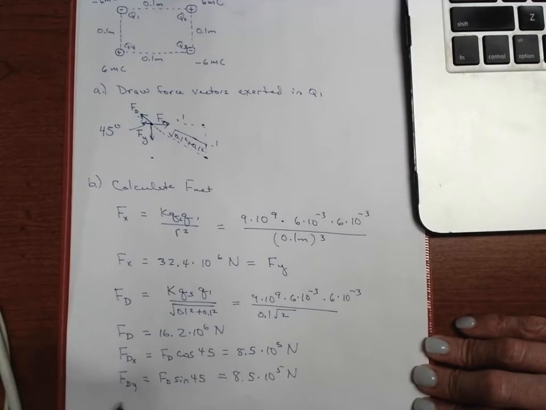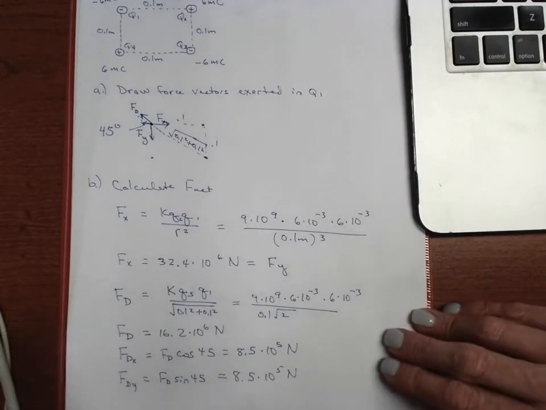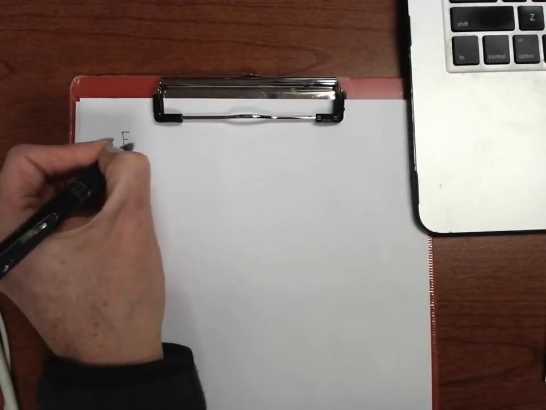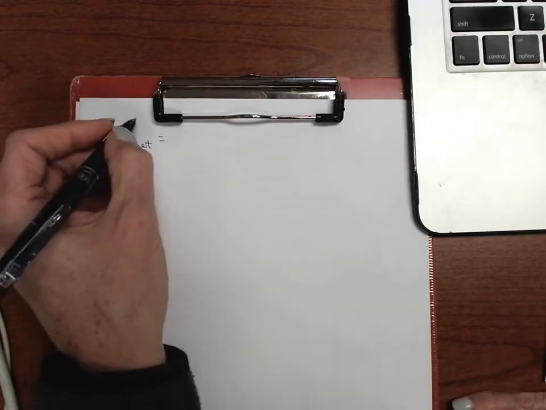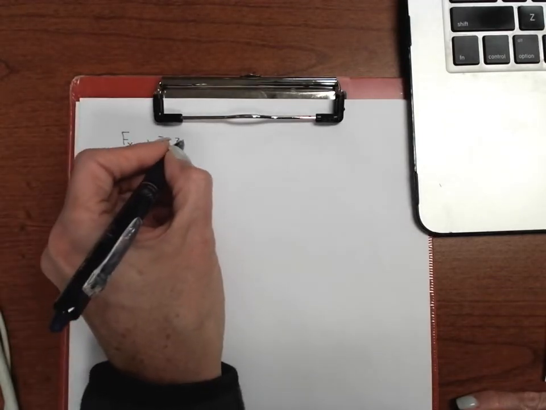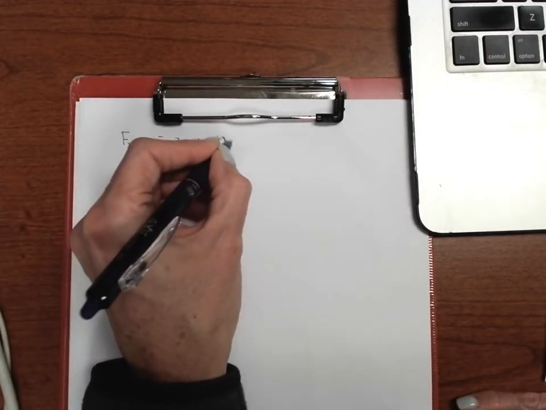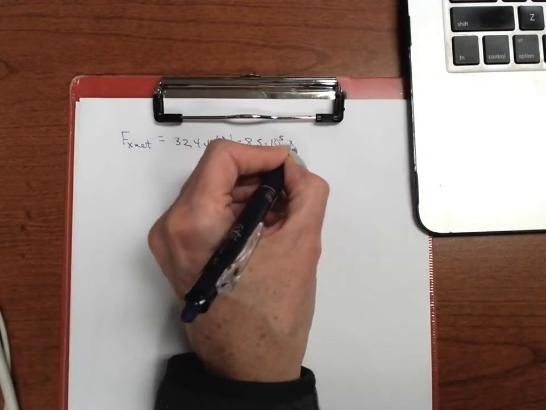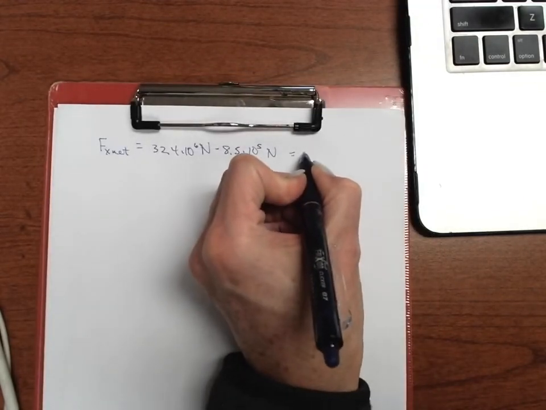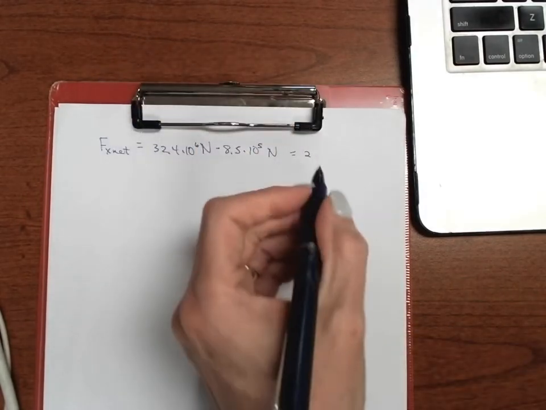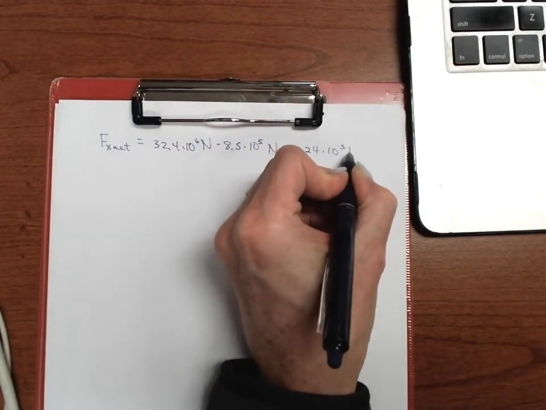I'll turn the page here. So I'm going to have Fx net is equal to 32.4 times 10 to the 6th newtons minus 8.5 times 10 to the 5th newtons, and that equals, let's say, 24 times 10 to the 5th newtons.